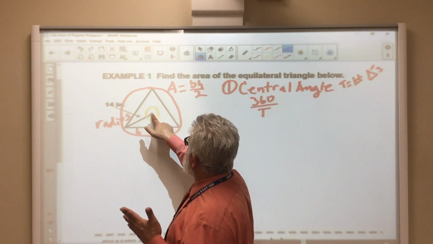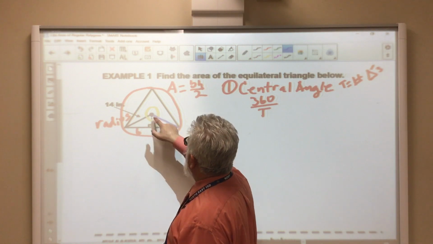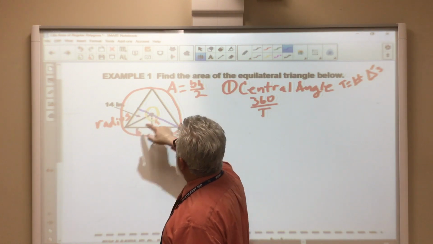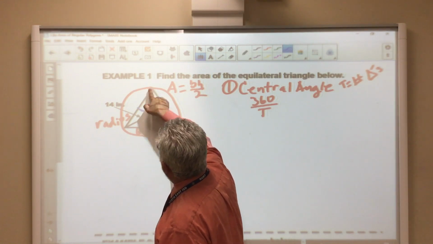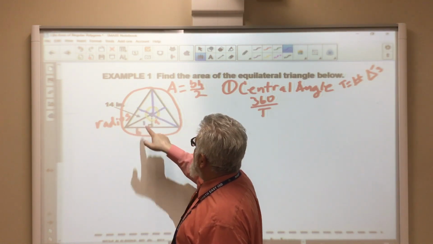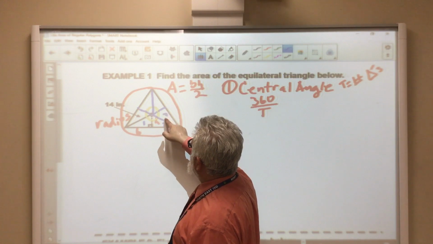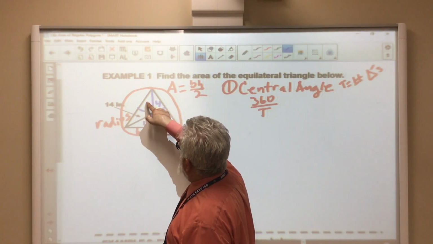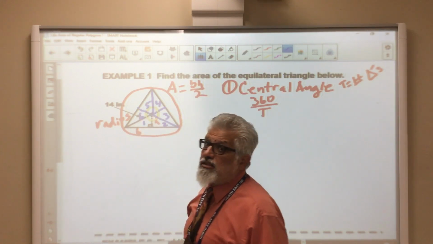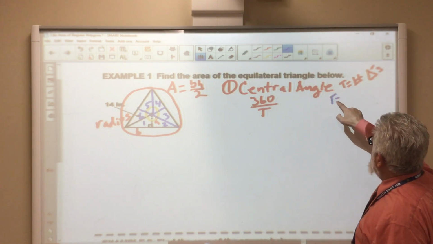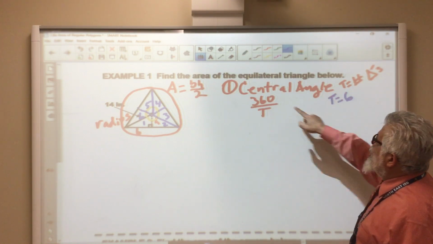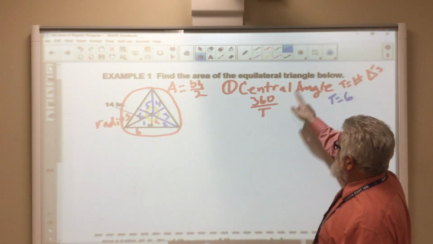If I take this and I extend it out right here, and I extend out my dotted line here, and here, and then do this guy right here, what we're going to see is I got 1, 2, 3, 4, 5, 6 congruent triangles. And that 6 is what we're going to use to find that central angle.